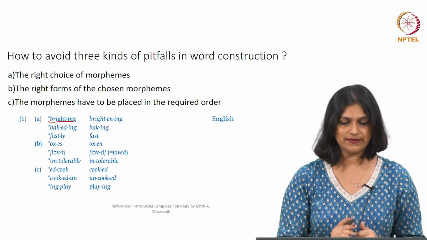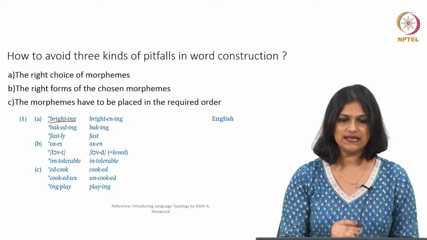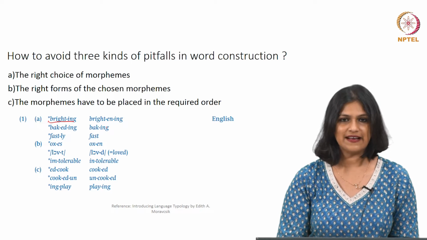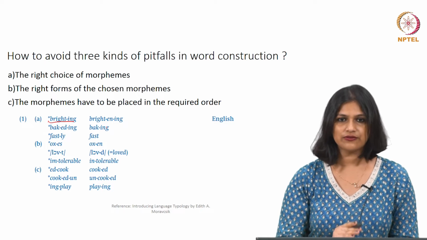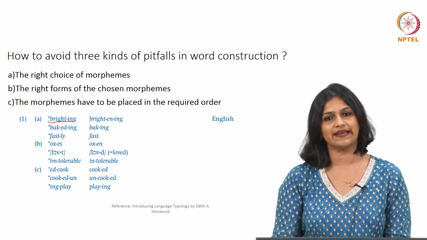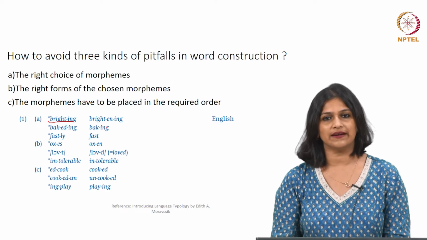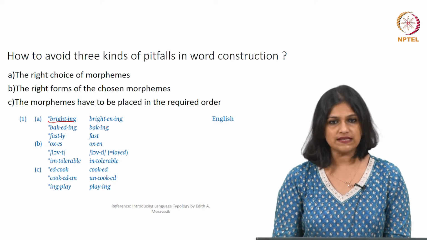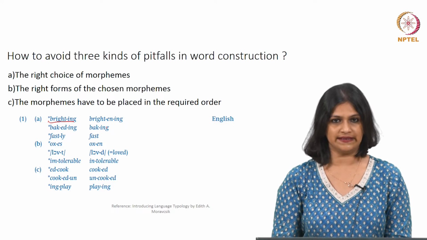So, now taking into consideration these 3 examples, brightening, beckoning and fastly, of the 3 kinds of pitfalls that we have recognized and listed, can you tell me these 3 come under which category?